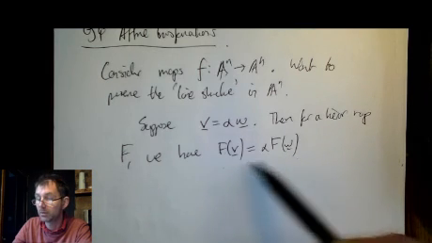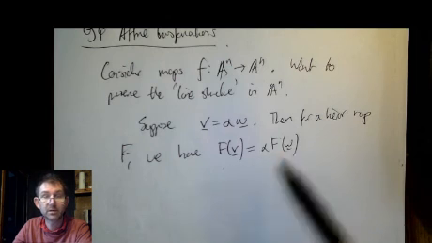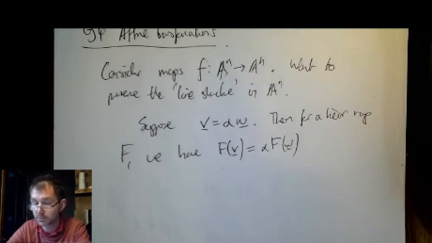So the ratio between the two line segments is preserved, both to start with and in the image.